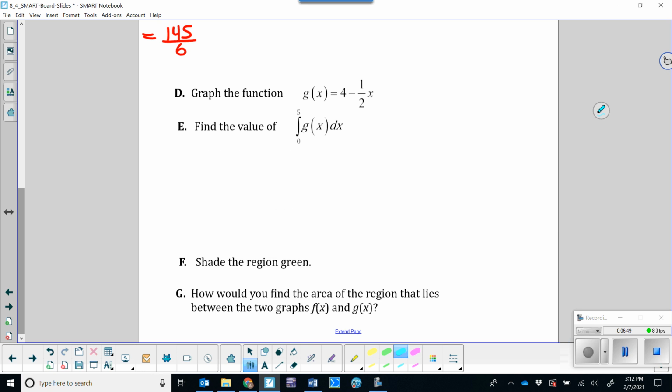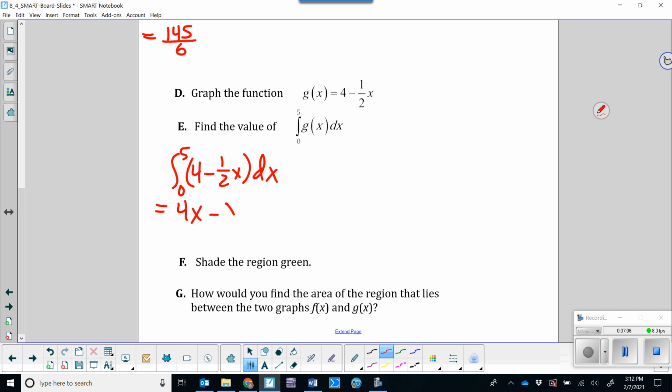So now we're just going to integrate g. So I'm going to integrate from 0 to 5 of 4 minus 1/2 x dx. So I'm going to get 4x minus x squared over 4, and I'm going from 0 to 5.